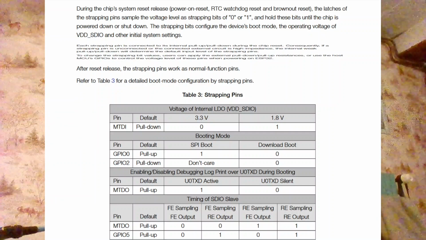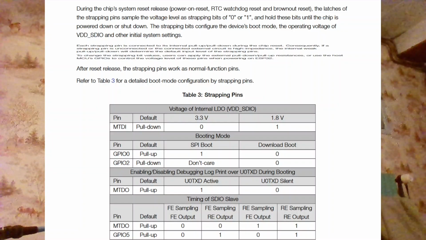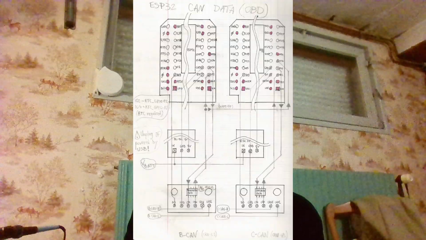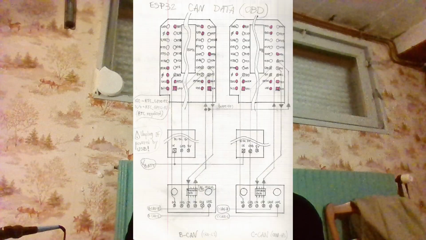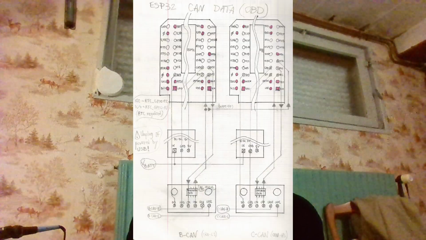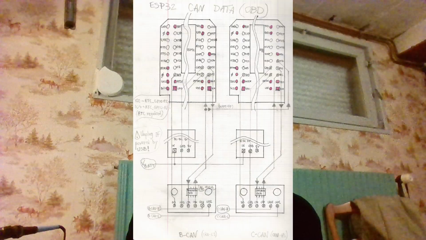So what I did is I swapped the CAN bus lines, which are connected on GPIO0 and GPIO2, in order to have an input connected on IO0.